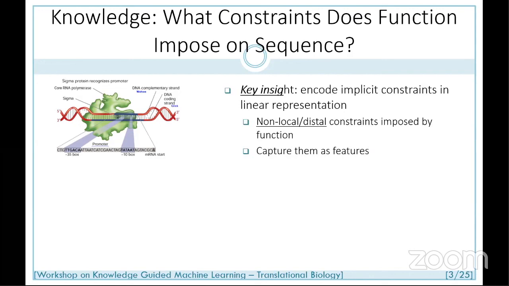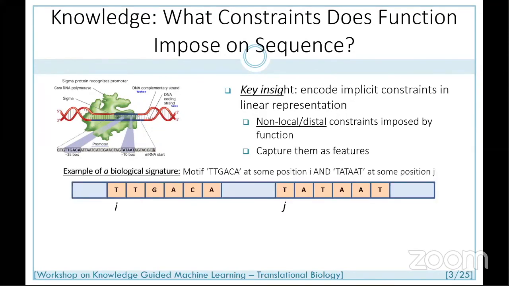So we understood that function really encodes implicit constraints, even if we only consider a linear representation, basically only the bases and how they link up with one another in one dimension. We realized that this protein, because it's a 3-dimensional object, when it comes and binds a region and recognizes it as a promoter region, it's basically recognizing subsequences or motifs that are far away in sequence from one another. So it's imposing non-local or distal constraints, and we wanted to capture them as features.